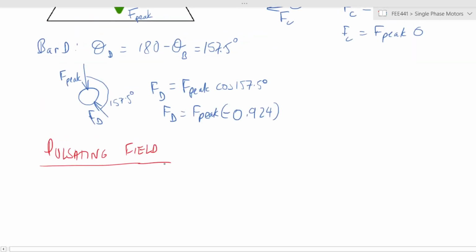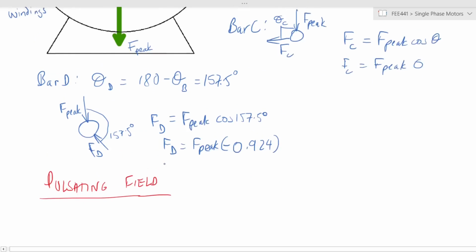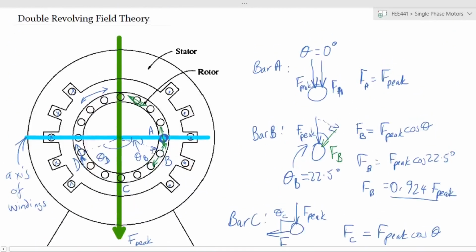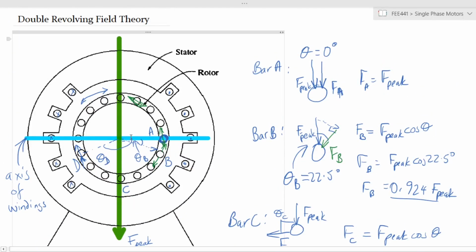So in the general case, when we look at the forces, the force on any point will be given by F peak times the cosine of the angle theta from that point to the axis of the windings. Okay.